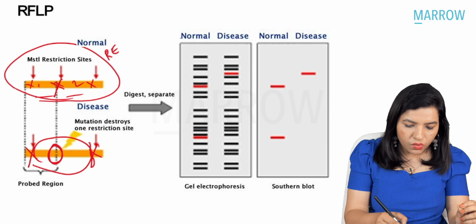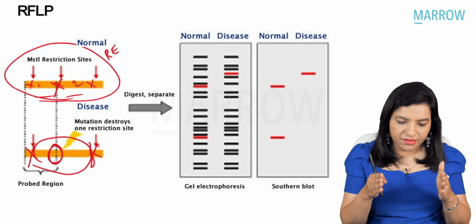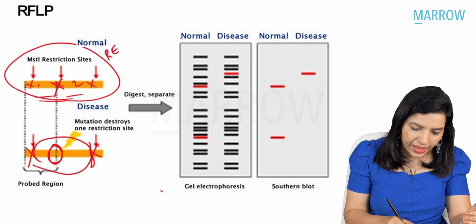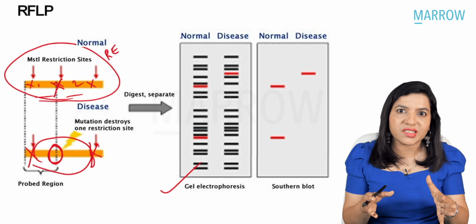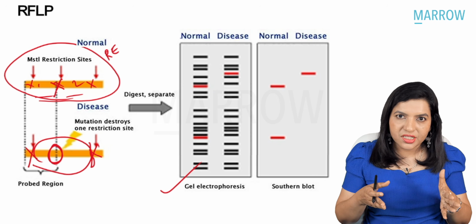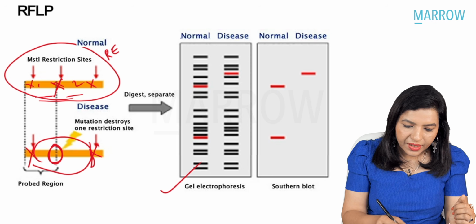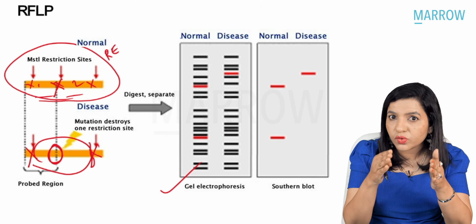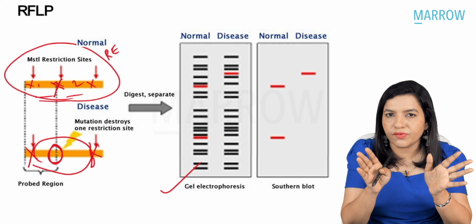Okay. So when we do a restriction enzyme digestion, we then do an electrophoresis, where the DNA fragments produced by the restriction enzymes are separated. We specifically know that sequence. The only thing is that we should know the mutation, otherwise we cannot do RFLP.